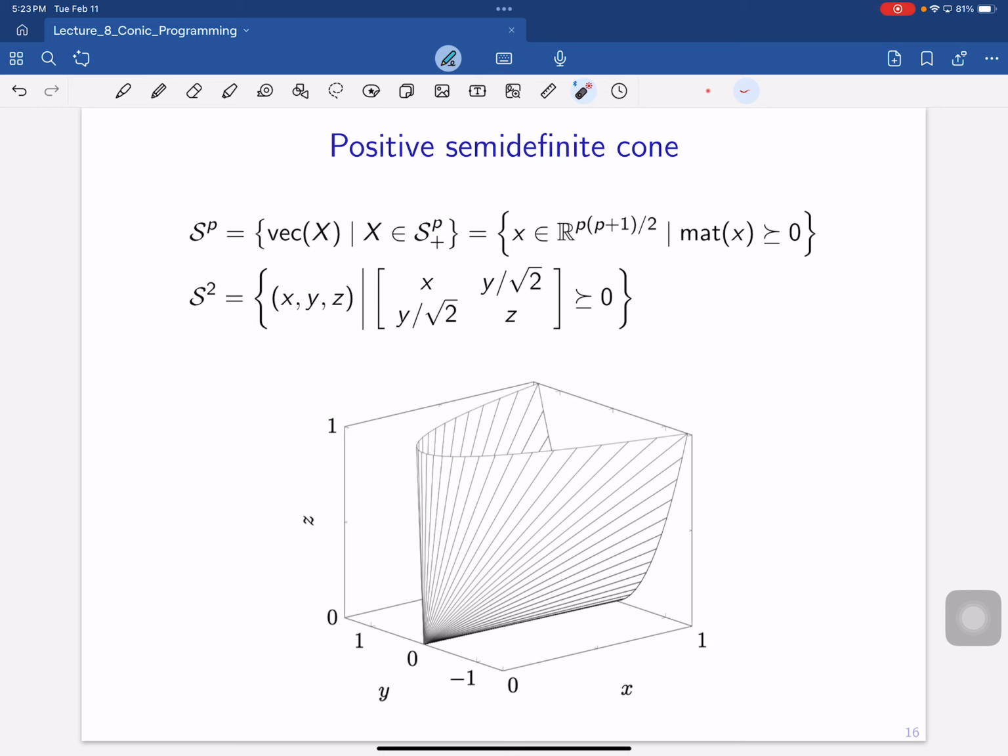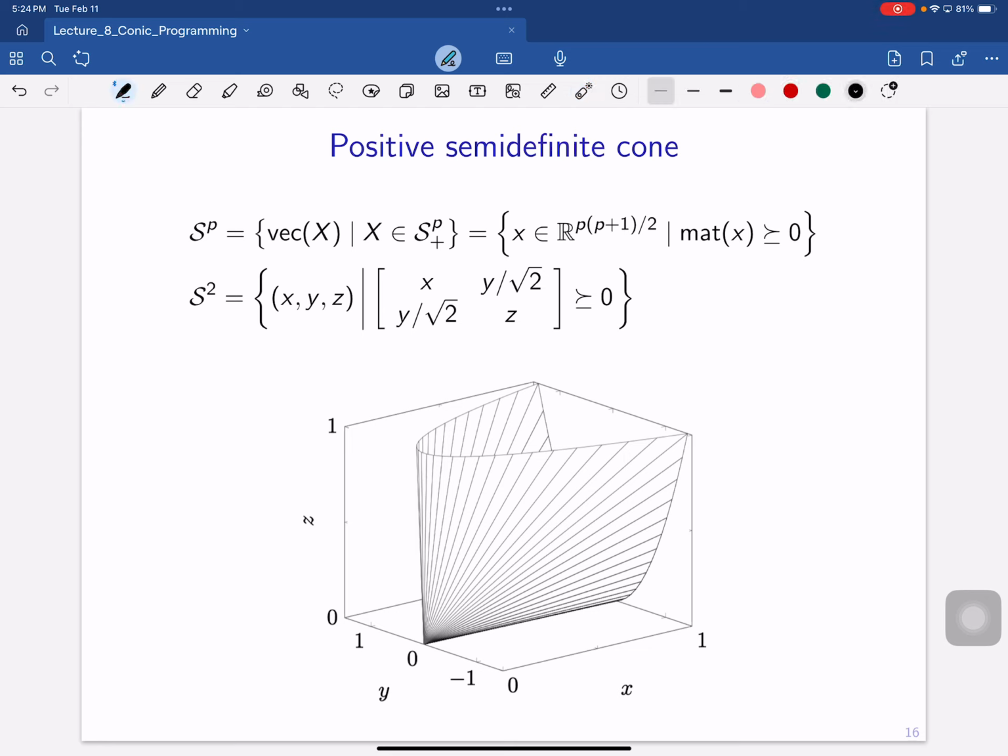Okay, so let's show this. This is a 2D constraint, and this constraint is saying this 2 by 2 matrix has to be PSD, right? What is the equivalent condition for a matrix to be PSD? You could check the eigenvalues, but a more direct way is to check all the principal minors of this matrix. All the principal minors have to be greater than or equal to 0. So what are the principal minors of this matrix?